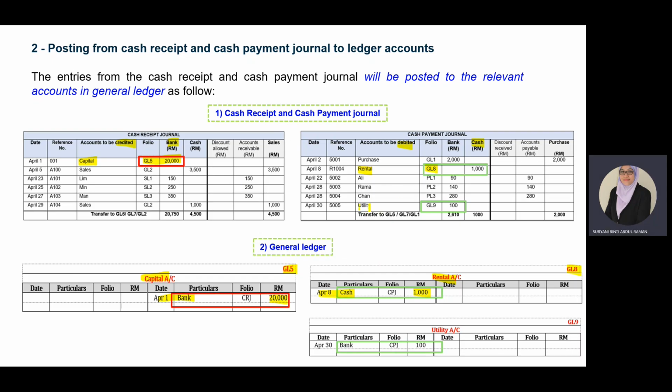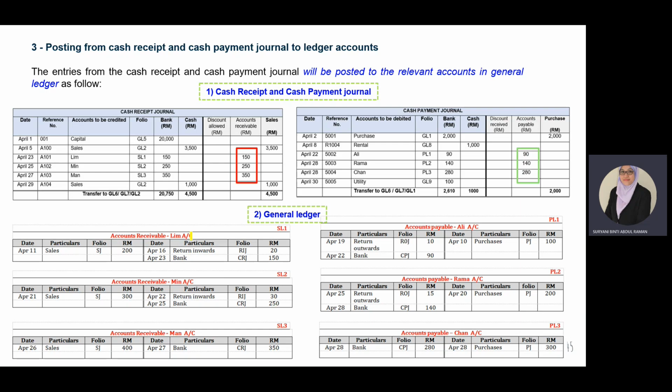Okay, next, utility. You open GL9 as the utility account. Debit side, April 30, bank, 100. Why use bank? Because the payment is made by check.